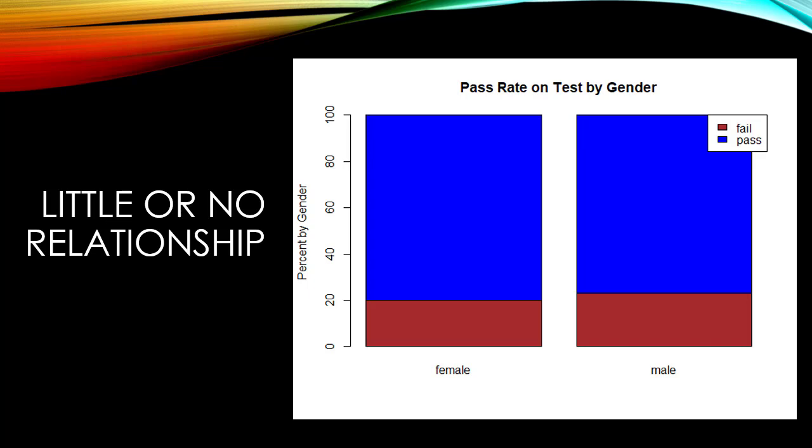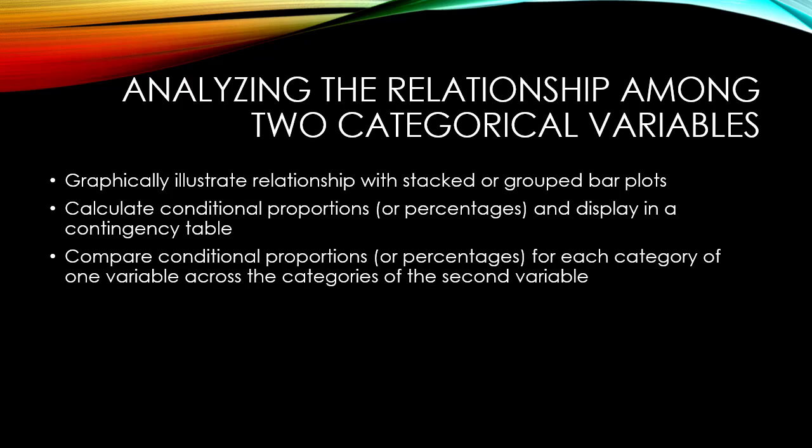The rate can be low for both, moderate for both, or high for both. In each of these cases, there is no relationship. In a contingency table, we would see the same or close to the same pass rate proportions or percentages for both males and females.